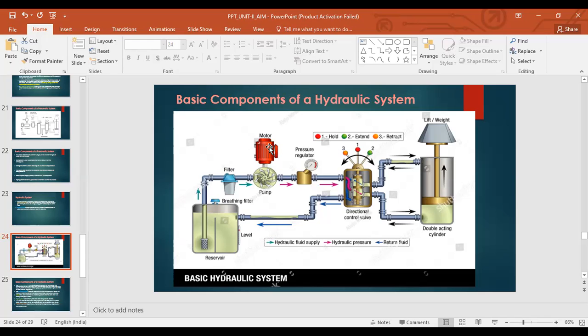So the motor itself is taking the electrical energy and converting it to mechanical. That mechanical energy is being supplied to the pump. The pump is directly connected with the shaft, so the pump has that mechanical energy, converts it into hydraulic energy by giving it to the fluid.